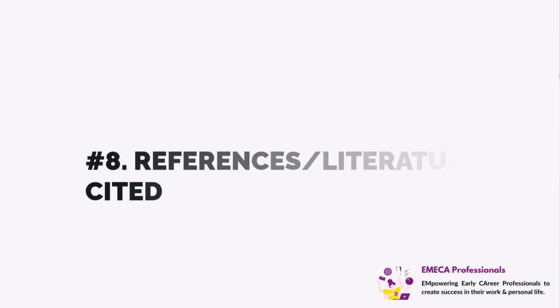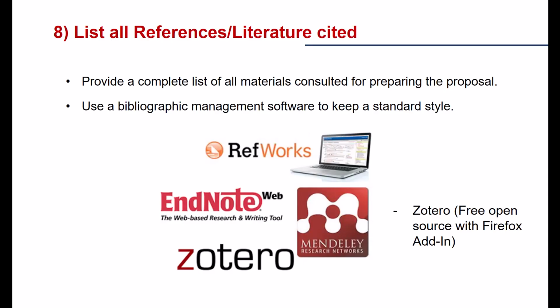The eighth component of a proposal is the references or the literature cited. And here you just want to list all publications, materials, or patents, whatever materials you consulted while preparing a proposal, you want to list them in the references section. It's important to use a bibliographic management software, which helps you to automatically create the reference list.